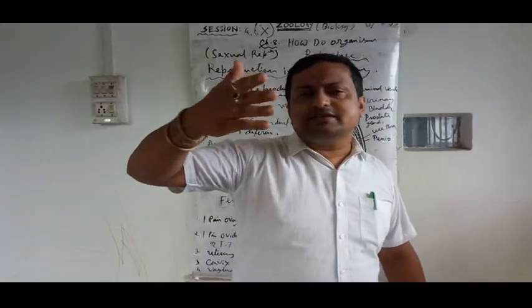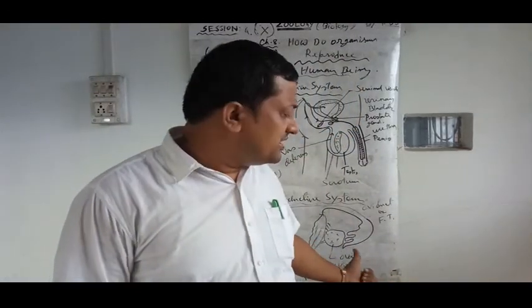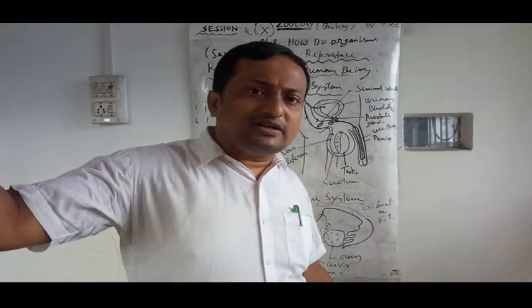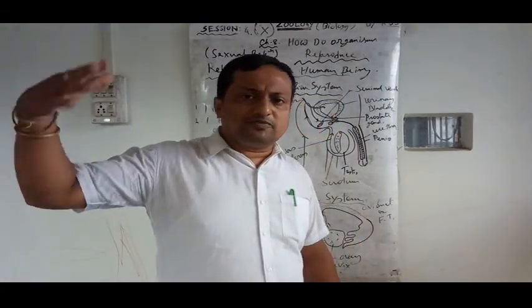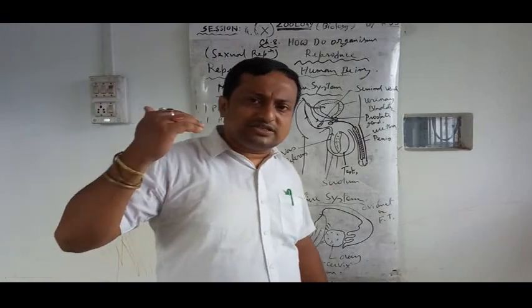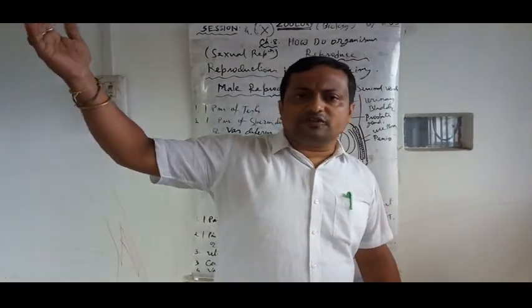So in a year, about 12 or 13 eggs are released by the ovary of the female. It starts at around 12 years of age and stops at 45 to 55.